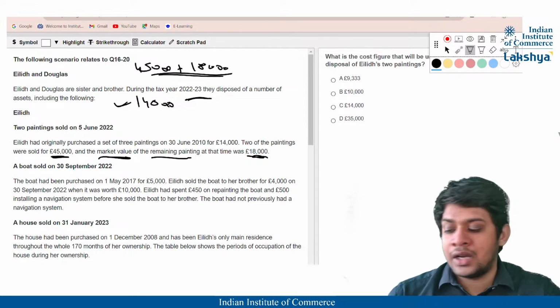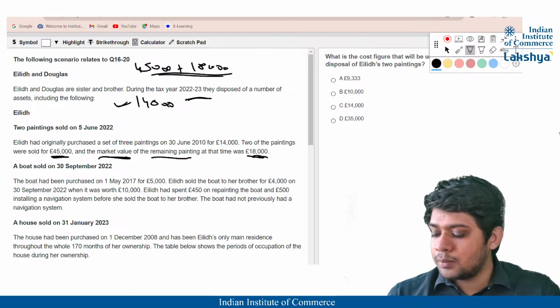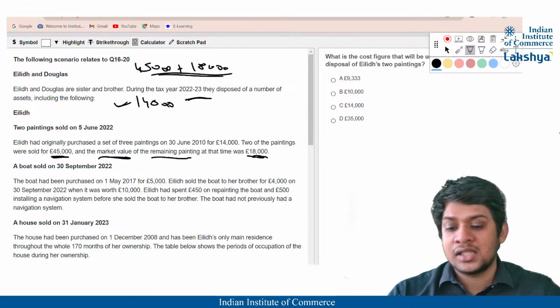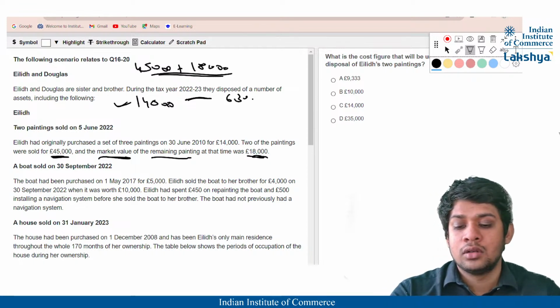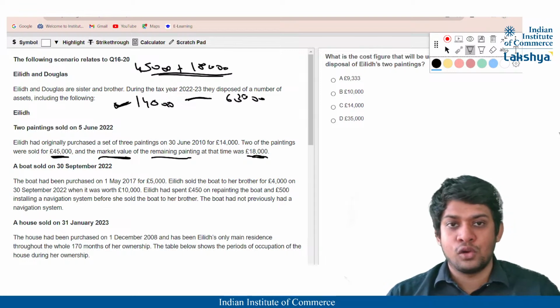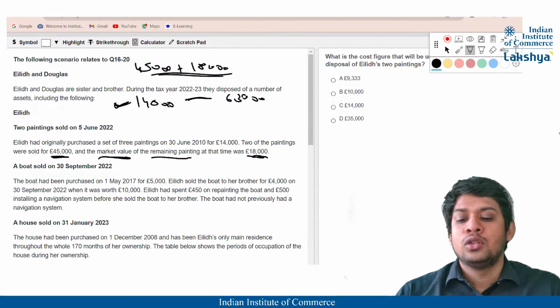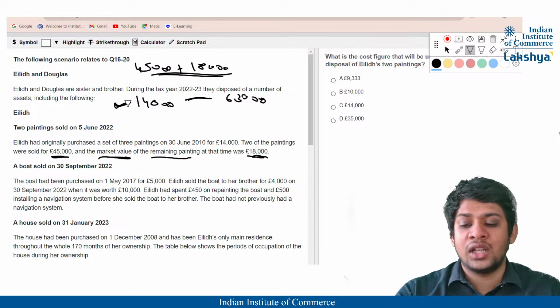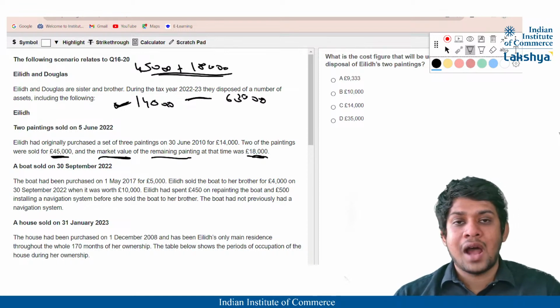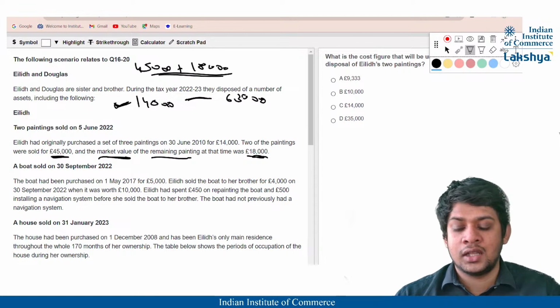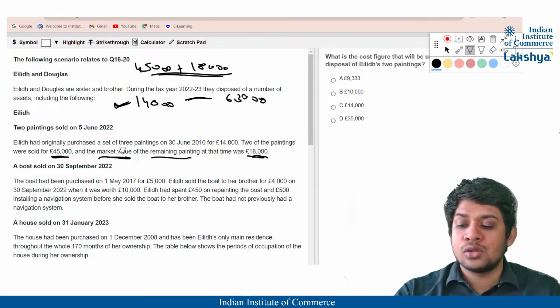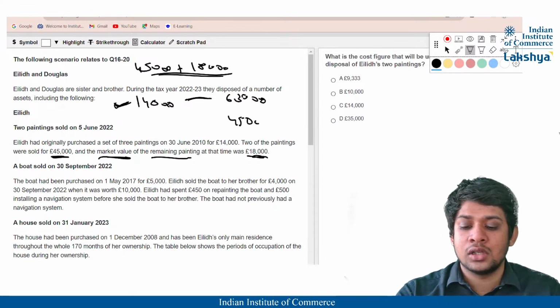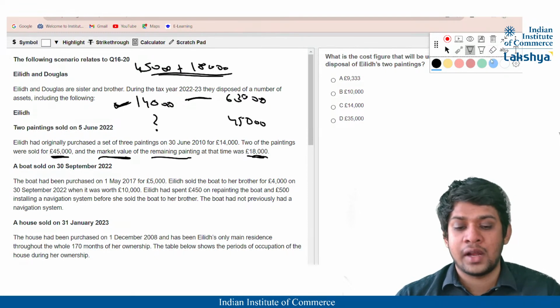So 45,000 plus 18,000 is 63,000. So the 3 paintings were purchased for 14,000 and the total market value of those paintings is 63,000. So for the paintings which are sold for 45,000, what is their cost? That is what we are supposed to identify.